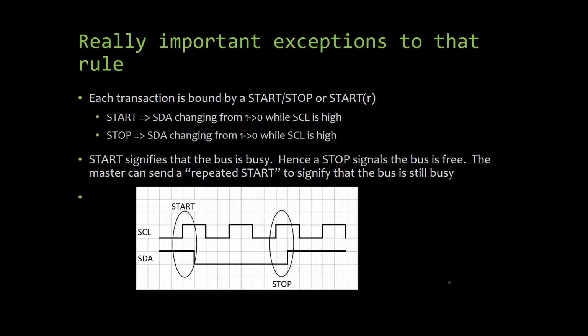Those things are signaled by violating the rule I just gave you on the previous slide. A start is when SCL is high and SDA transitions from high to low. And a stop is just the opposite: SCL is high and SDA transitions from a logic 0 to a logic 1.